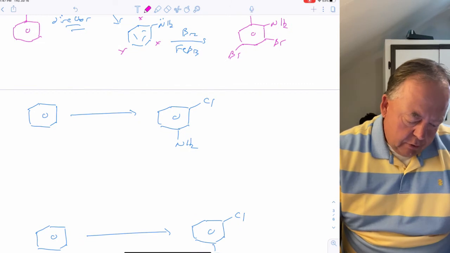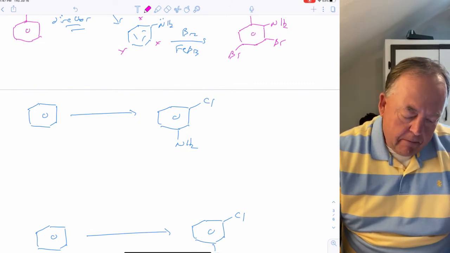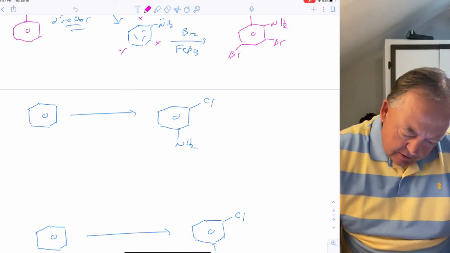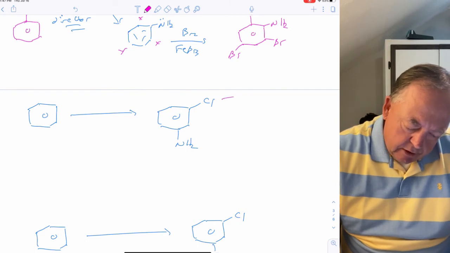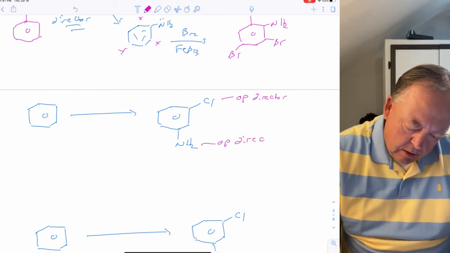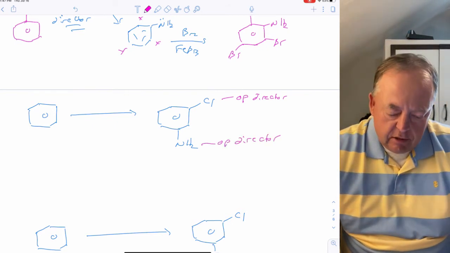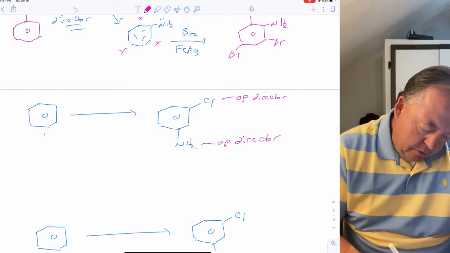Okay, so if we wanted to make this meta-chloroaniline, this could be a tricky synthesis as well because that's an OP director, and that's an OP director. So how do you get them meta to each other? Well, the way you would do this is HNO3.